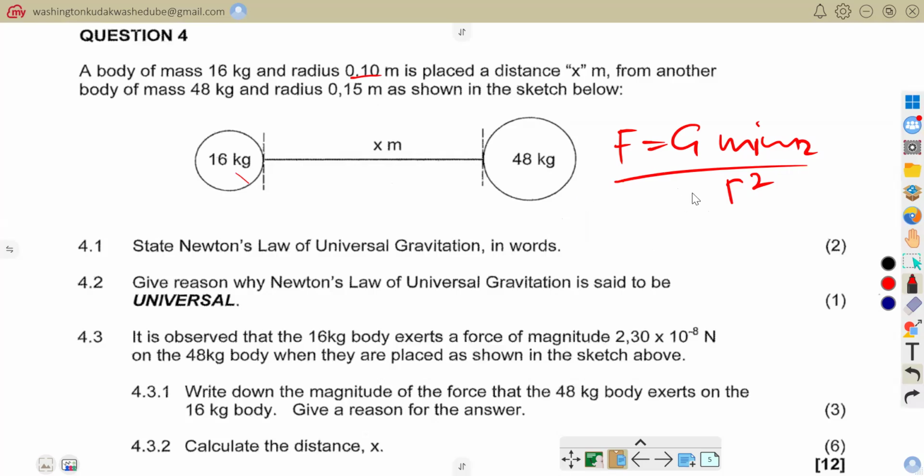Now, in words, it simply states that every object in the universe exerts a force of attraction towards the other object.